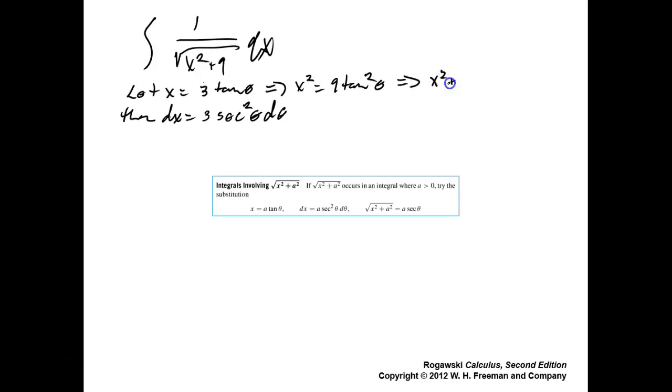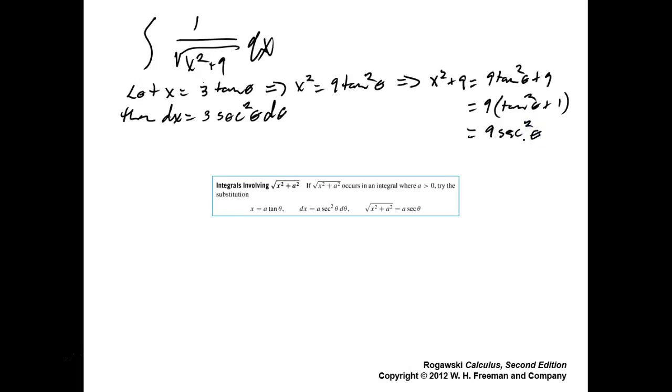But we're really even more interested in x squared plus 9. So x squared plus 9 would be 9 tangent squared theta plus 9, which you could factor out a 9, and that leaves you tangent squared theta plus 1, which is 9 times secant squared theta.